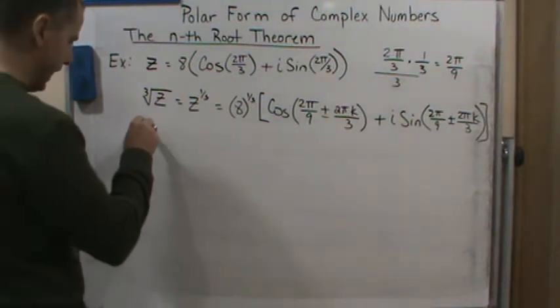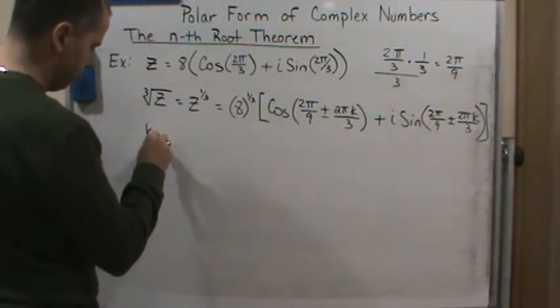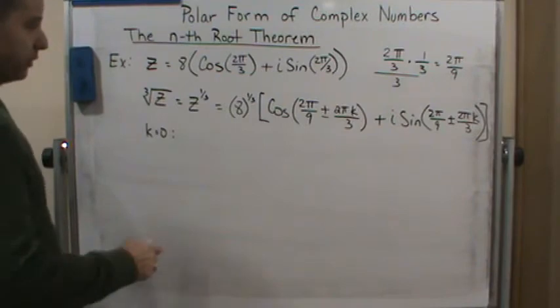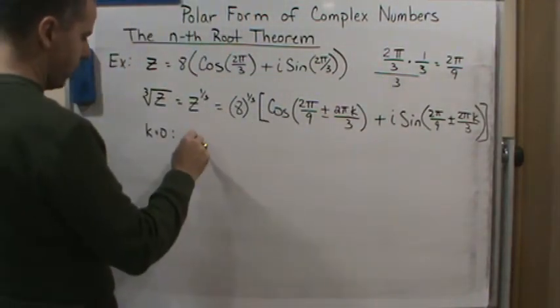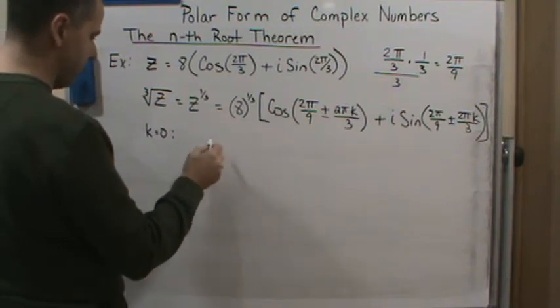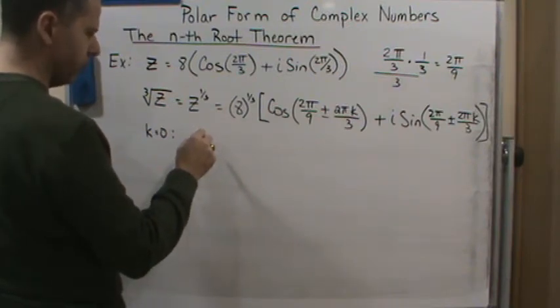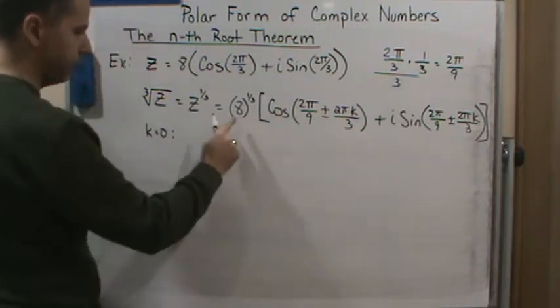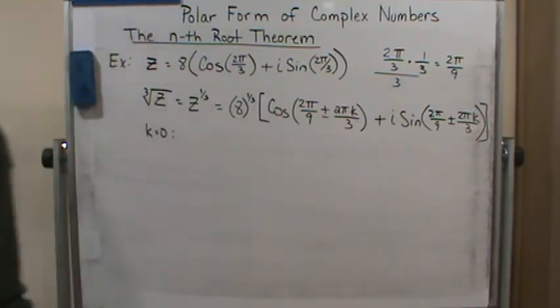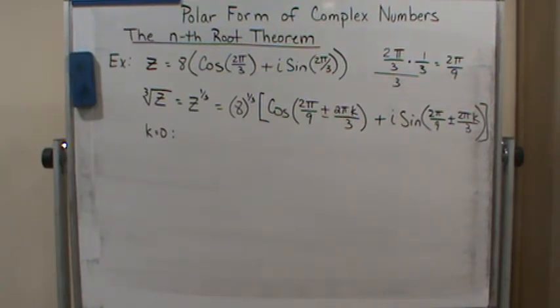So let's do k equal to 0. Well, if k is equal to 0, then we're going to drop everything. And so what happens when k is equal to 0? Then we just get what? The cube root of 8 is 2.